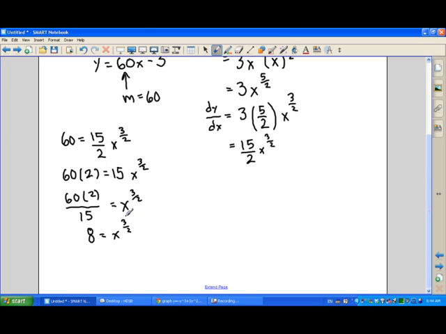And now to reverse this power of 3/2, I'll square both sides and then take the third root. So x would be the third root of 8 squared, which can be solved down to 4. So try that on your calculator. X equals 4.